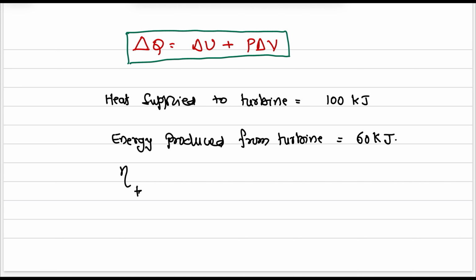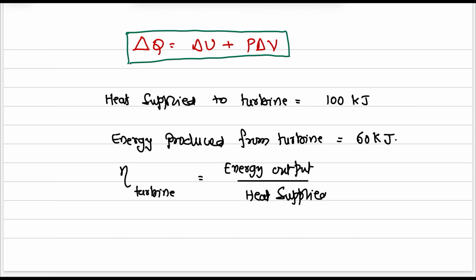Efficiency of the turbine is energy output by heat supplied, into 100, that is 60 by 100 into 100, that is 60%. The turbine efficiency.